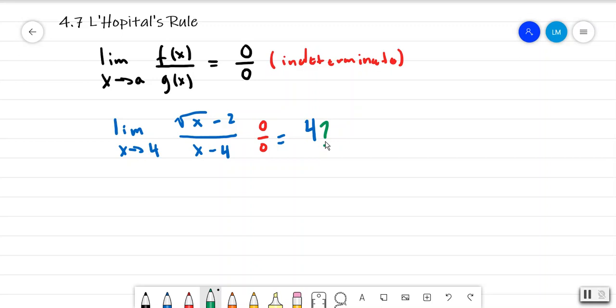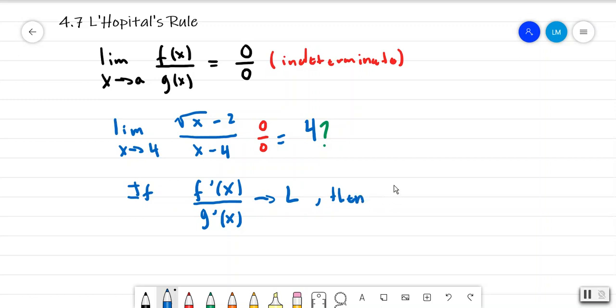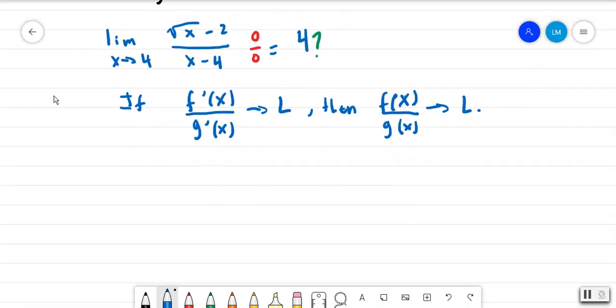So what L'Hopital's rule says is that essentially if f prime of x divided by g prime of x tends to, let's say, L, then this means that f of x divided by g of x also tends to L. The question still remains, okay, how did we get that?